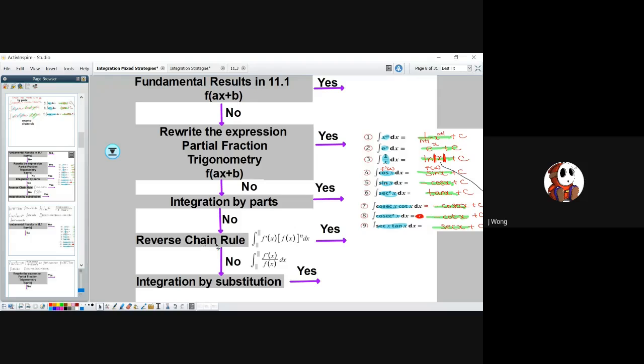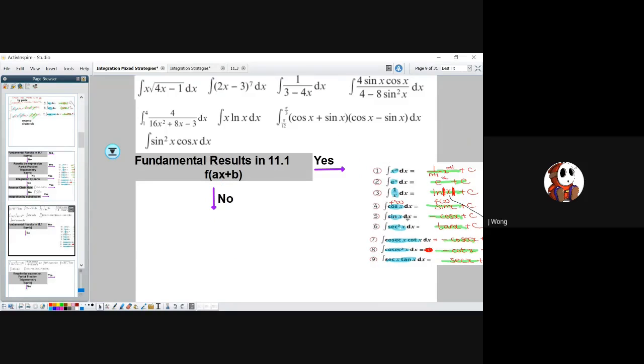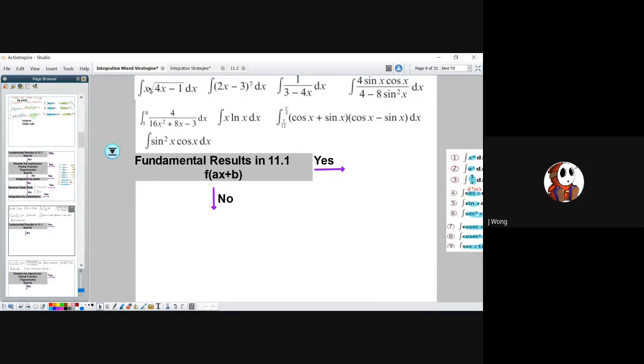Or if it is still not okay, then you need to use integration by substitution. If the answer is still no, then you need to revisit this tree and see if you have missed something. So let's get started with our 9 integrals here.